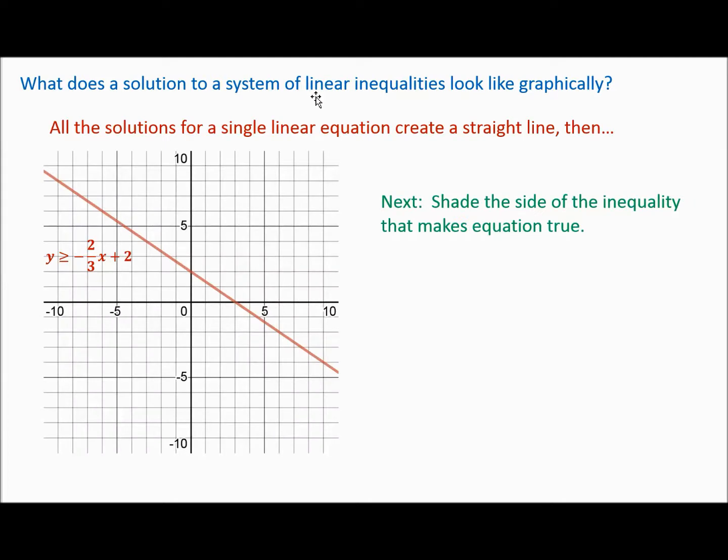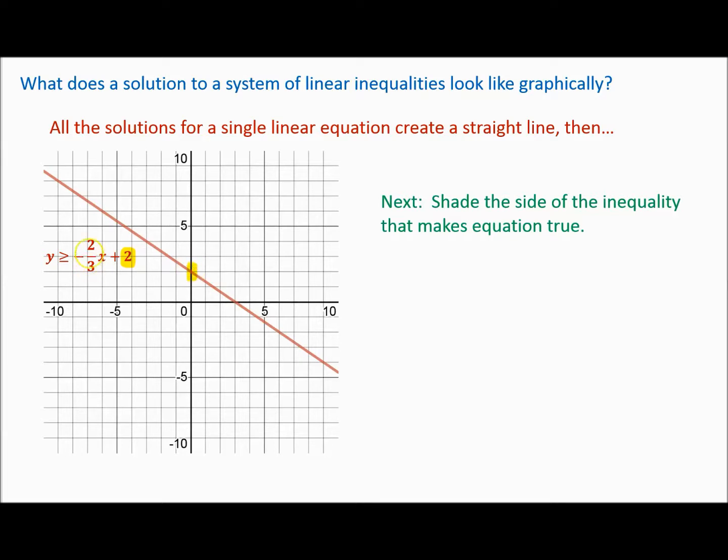I have the linear inequality y is greater than or equal to negative 2/3 x plus 2. We know that all the solutions of a single linear equation create a straight line, and there's our straight line right there. If you need a little bit of help remembering how to do that, the y-intercept right here is 2. So that's the first thing I do, is graph the y-intercept here.